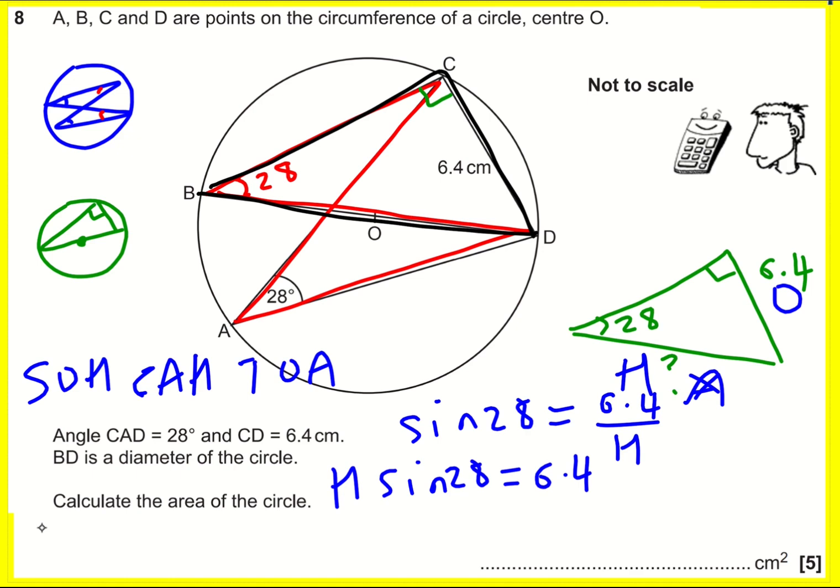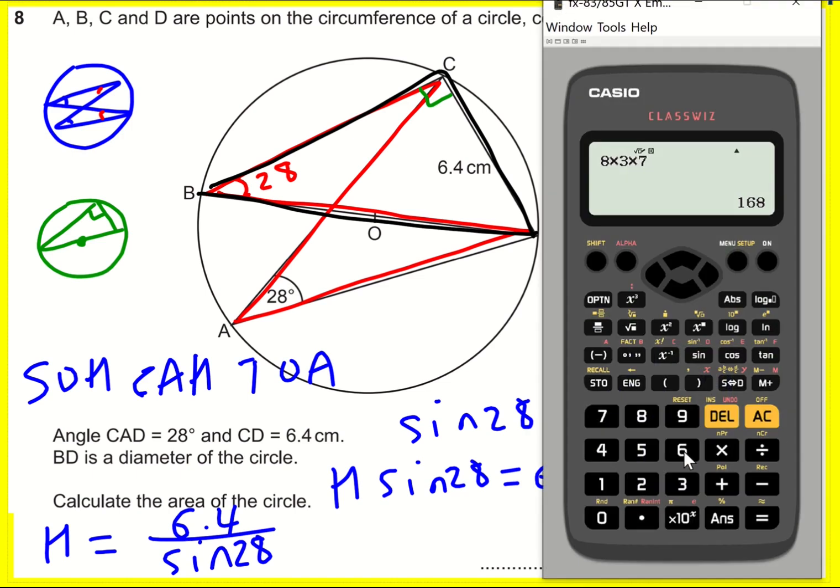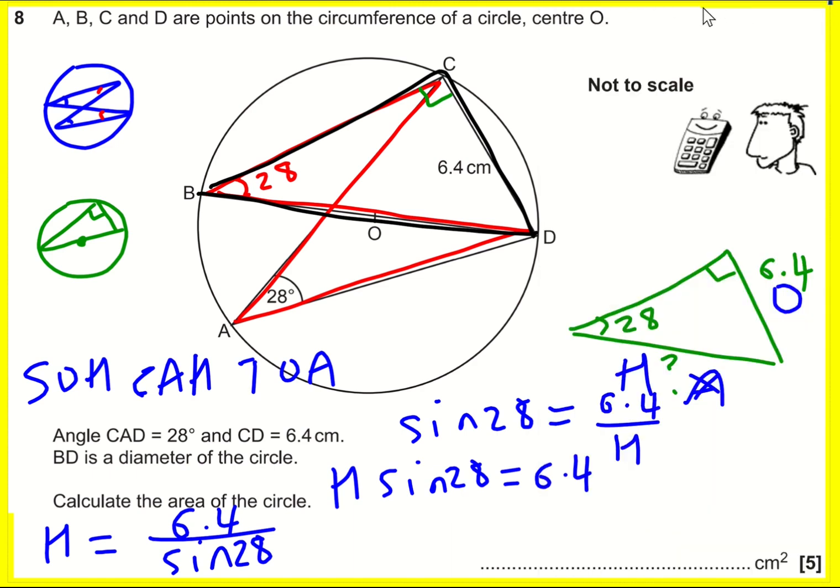That's going to mean that h is equal to 6.4 divided by sine 28. Let's work that one out. 6.4 divided by sine 28 is 13.6323.